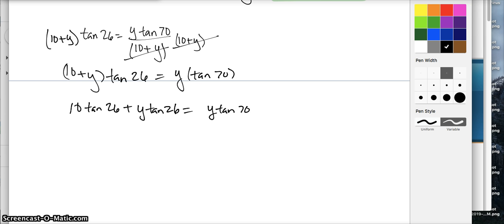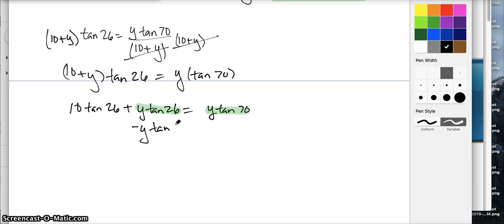Our goal is to solve for y, so we're going to get our y terms over to one side. Notice that this is a y term and this is a y term. To move any term, remember, this is just a number, so this could be like 7y. To move something like that, you do the opposite.